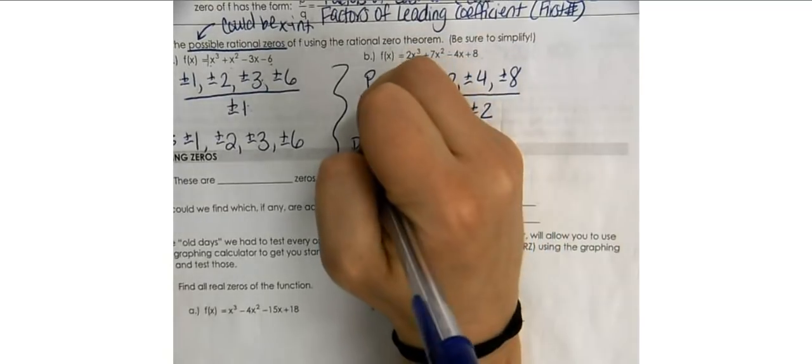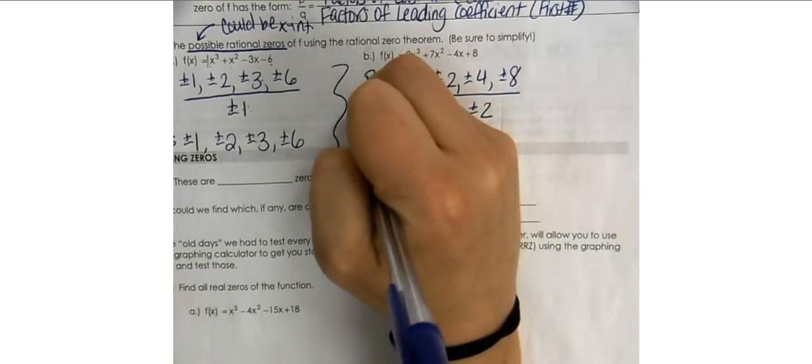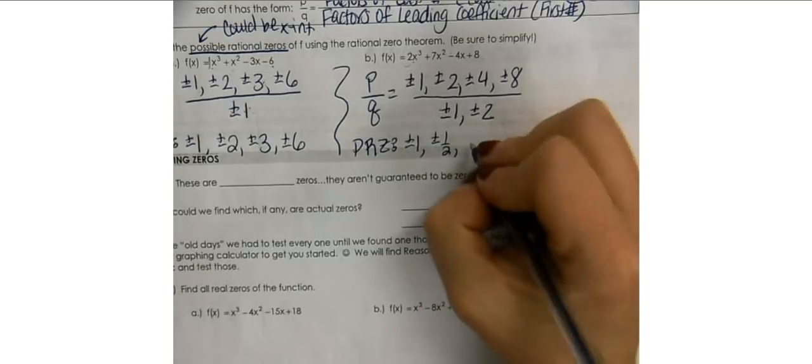So now I'm going to divide every numerator by every single denominator. And I'm going to have my list where I'm not going to write down any repeats. So I'm going to write possible rational zeros. So 1 over 1 is 1, so plus or minus 1. 1 over 2 is plus or minus 1/2. 2 over 1 is plus or minus 2.